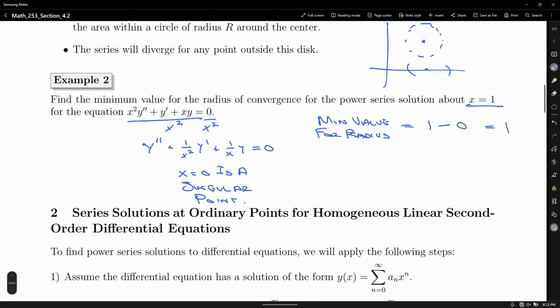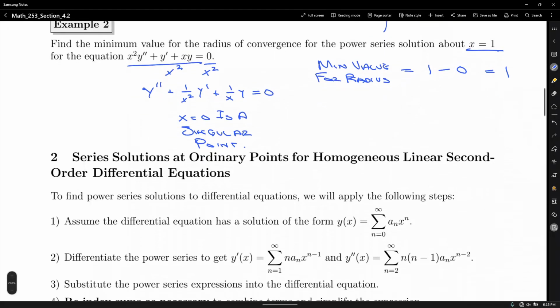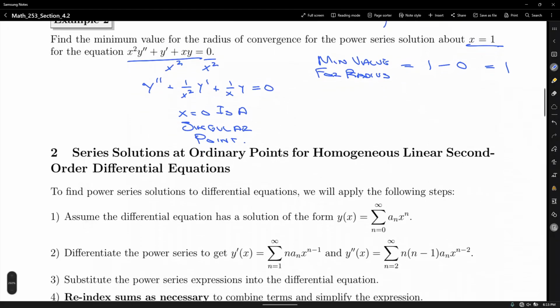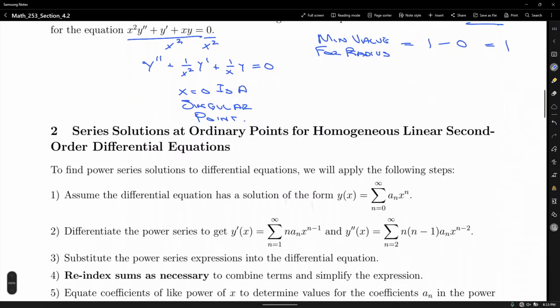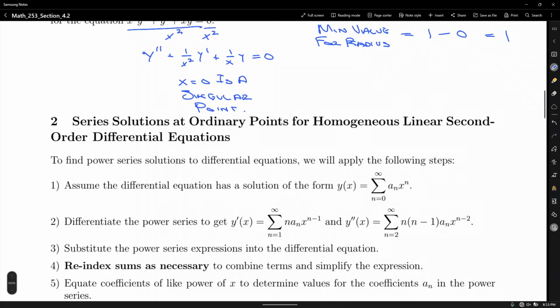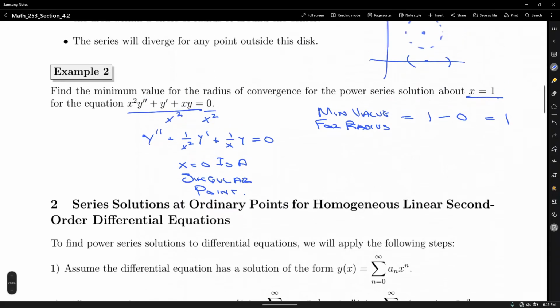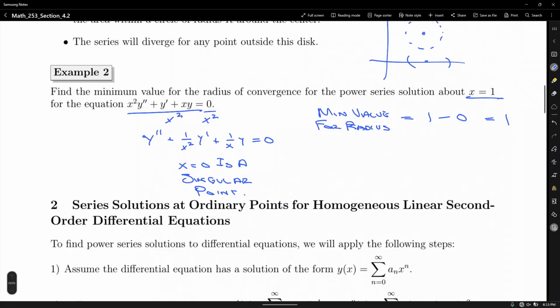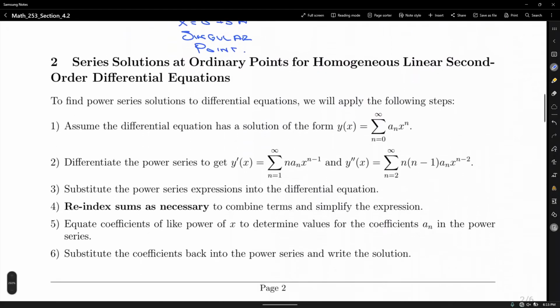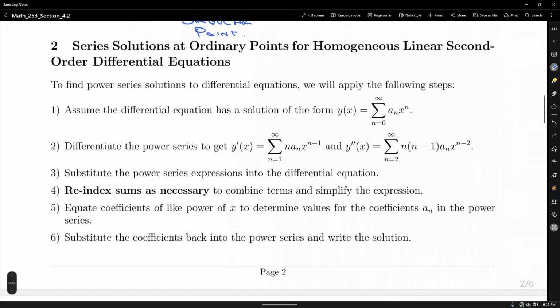One unit close to the closest singular point. Finally, solve differential equations using power series. Okay, so now we're ready. Yes, that 1 minus 0 comes from the center x equals 1 minus the singular point 0, correct.